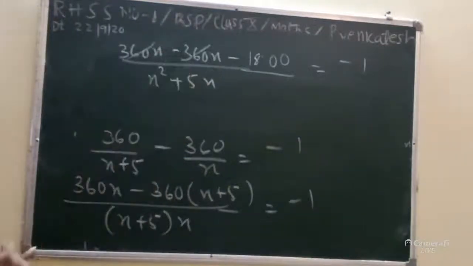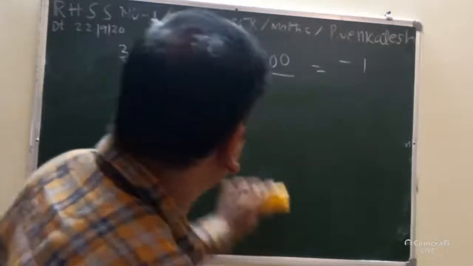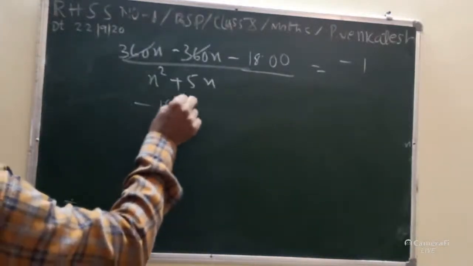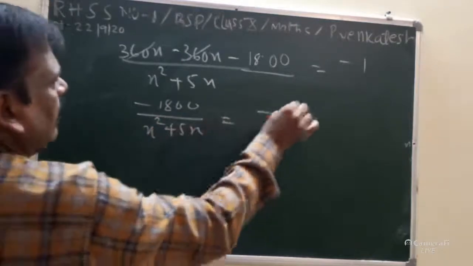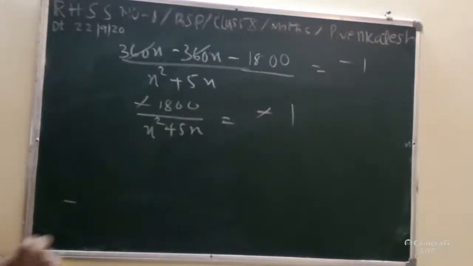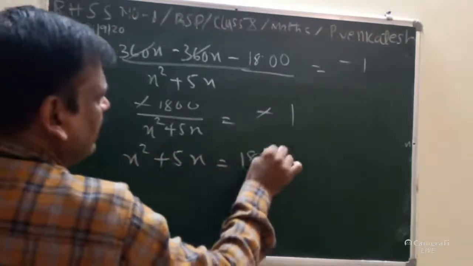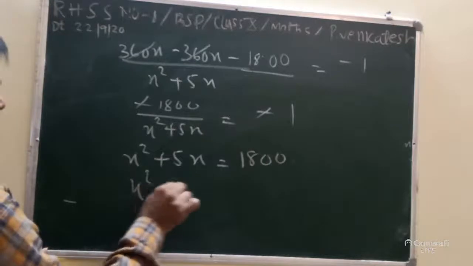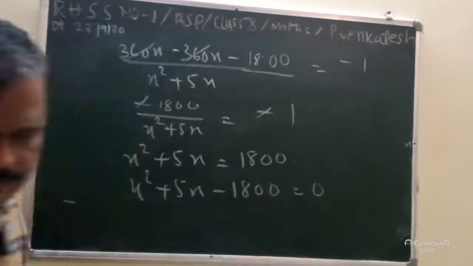Now this will cancel, so minus 1800 upon x square plus 5x is equal to minus 1. Minus minus is cancelled, so x square plus 5x equals 1800, or x square plus 5x minus 1800 equals 0.